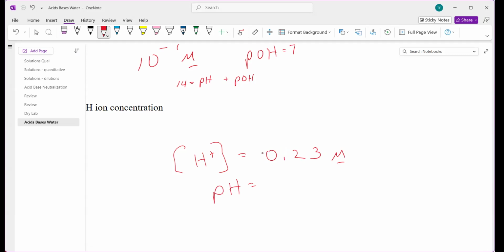Go ahead and work it out using your calculator with your log.